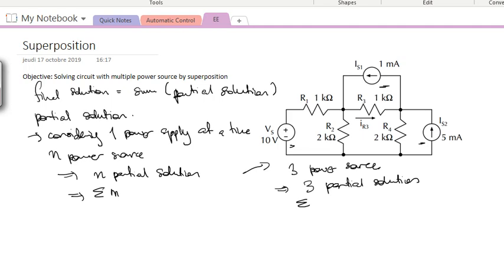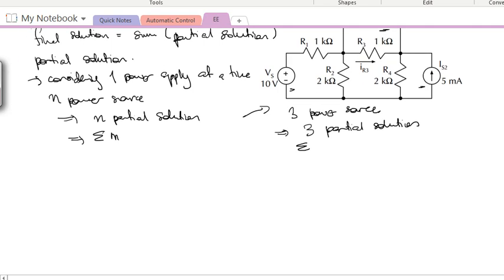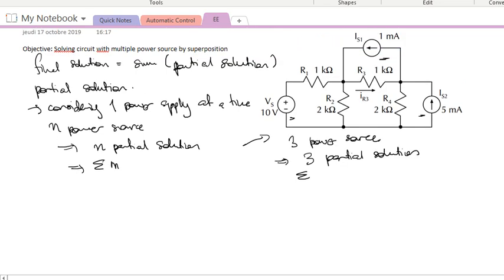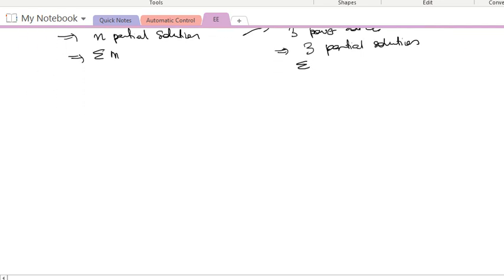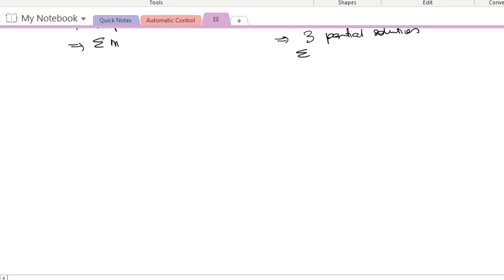So let's try an example to see how this works, right? For the purpose of the example, we will do something with an easier circuit. Up here we have a 4 mesh circuit; we'll try something with only a two mesh circuit that you already know how to solve using nodal and mesh analysis, right? So let's take an example of a two mesh circuit with two power sources.